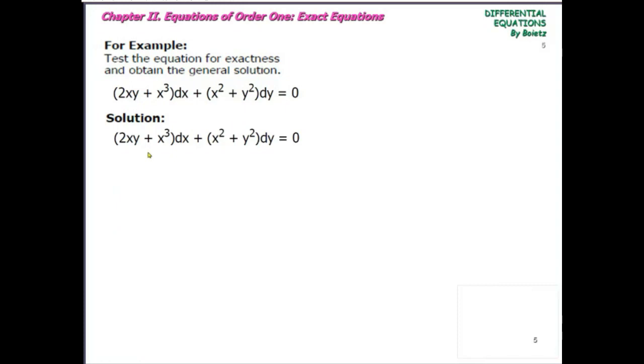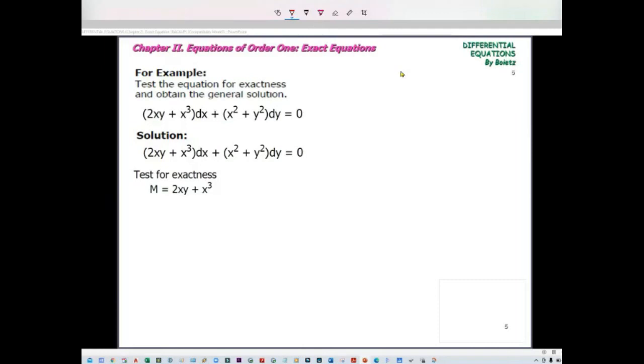Then, copy the problem, then test for exactness. Una muna, again, in order to test the exactness, kailangan kunin natin yung partial derivative ng M with respect to y, dapat equal yan sa partial derivative ng N with respect to x.